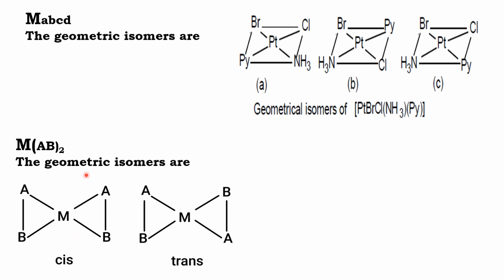We could have another arrangement, that means the same atoms are on the opposite side. Here also AB is a chelating ligand, but B is on the opposite side. So this is a trans isomer. So M(AB)2, metal bonded to chelating ligands, shows two types of isomerism, cis and trans.